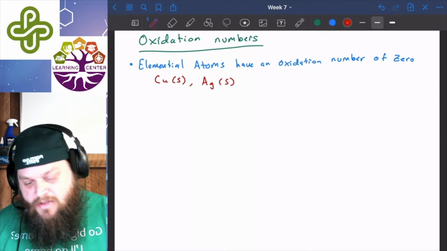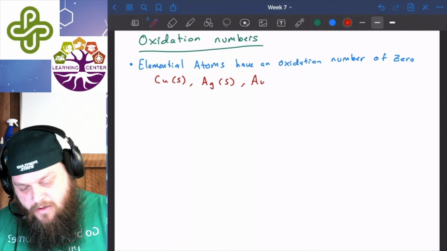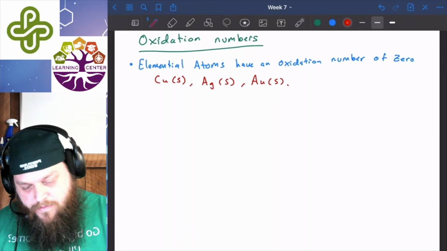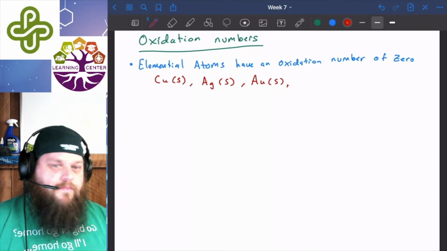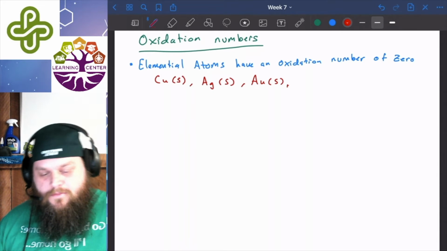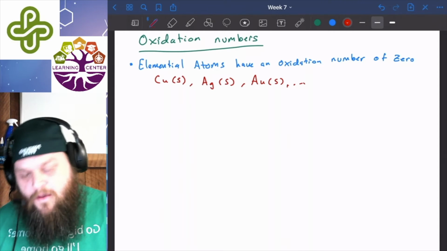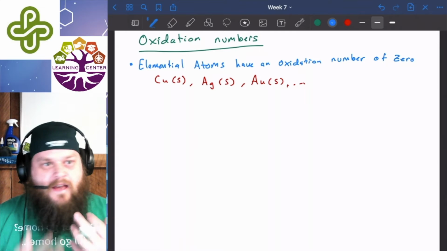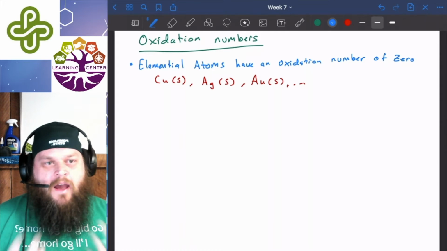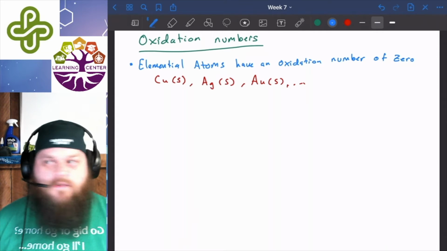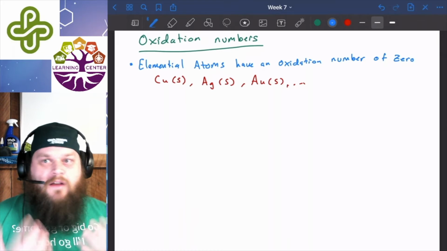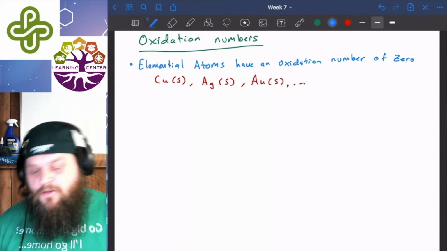That's silver. Actually, gold is Au, and so on and so forth. So any of the elemental atoms have an oxidation number of 0. But when we have these atoms mixed into a molecule or ionized and floating around in an aqueous solution, then they have an oxidation number equal to their charge.